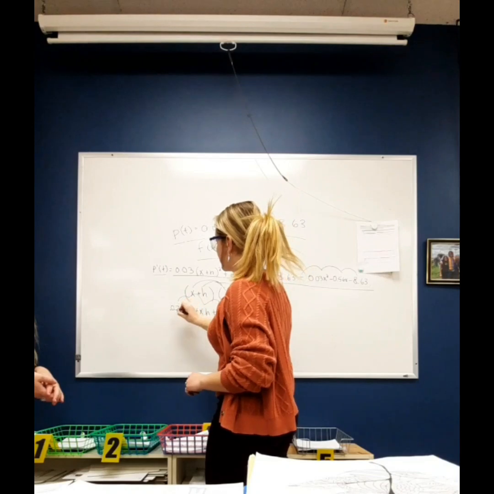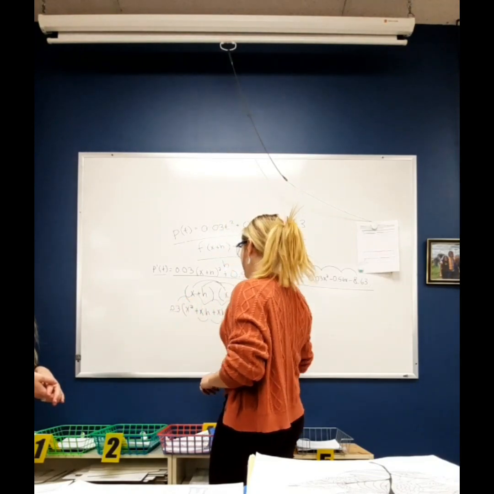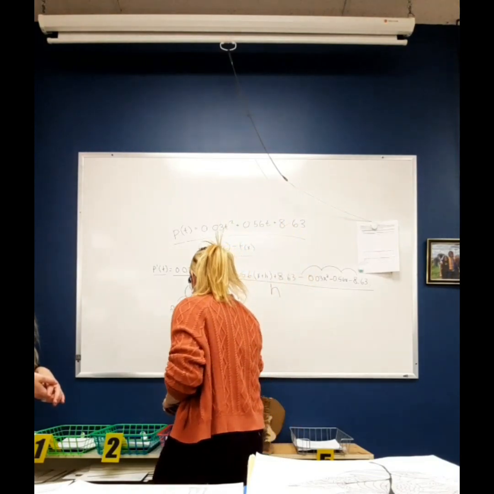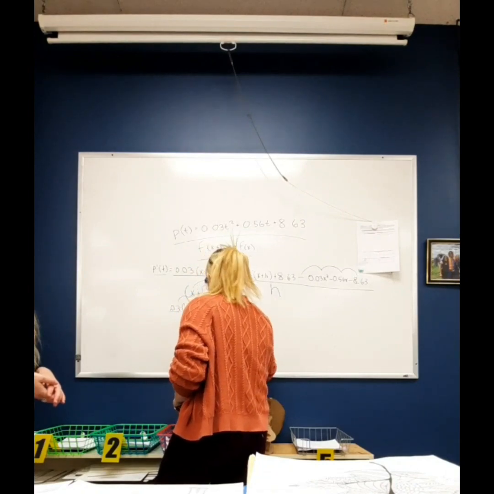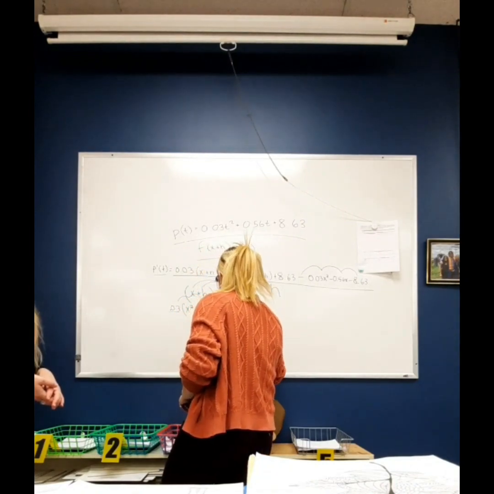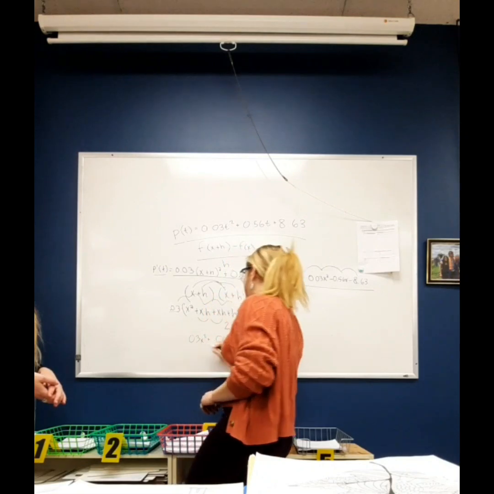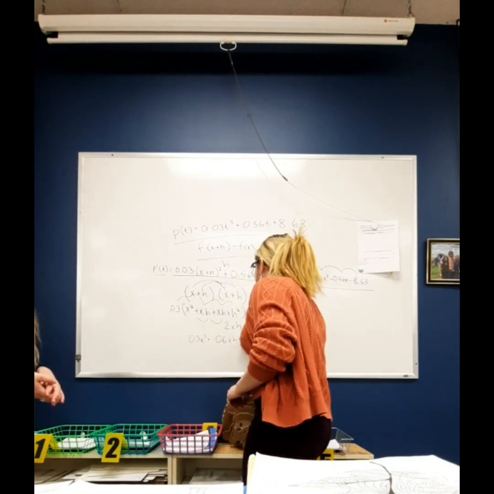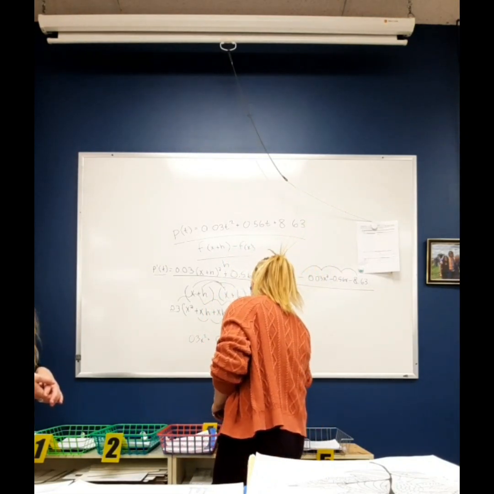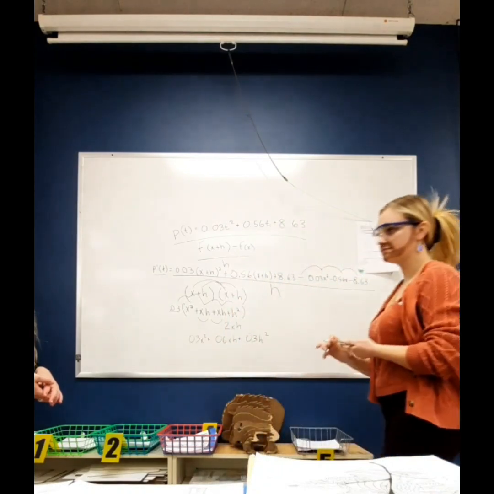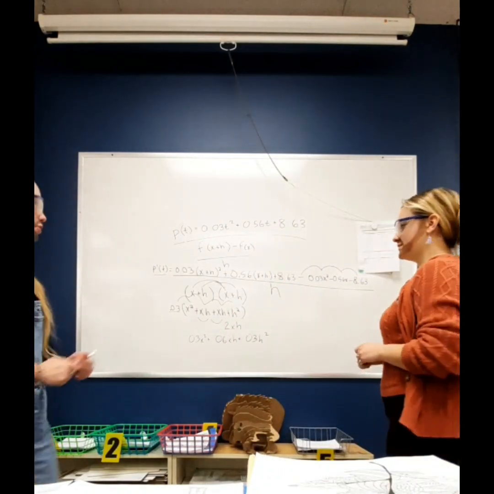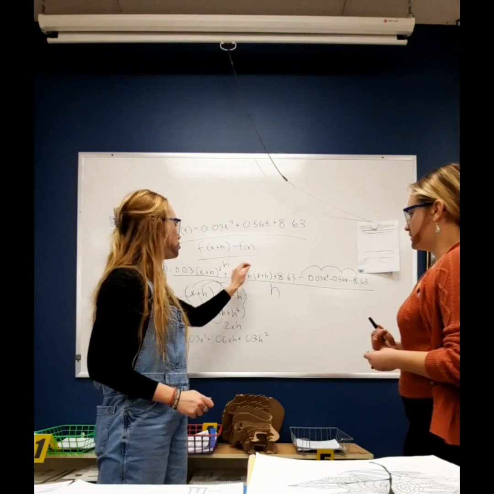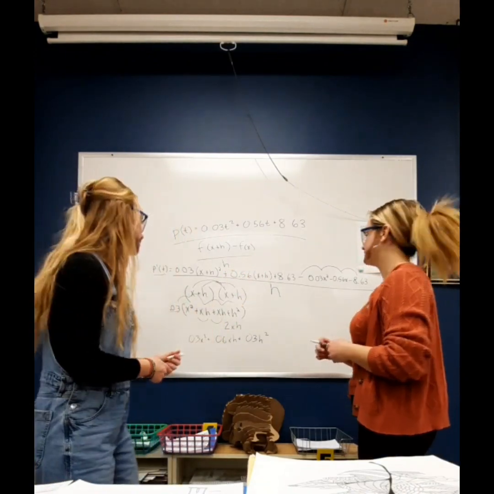Now we're going to finally distribute in the 0.03 into this whole thing, which will give us 0.03 x squared plus 0.06 xh, because we have to multiply by 2, plus 0.03 h squared. And then you'll just continue on with your equation by distributing everything that needs to be distributed in.